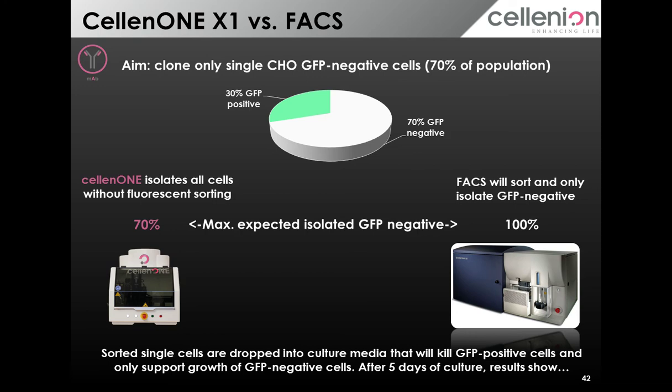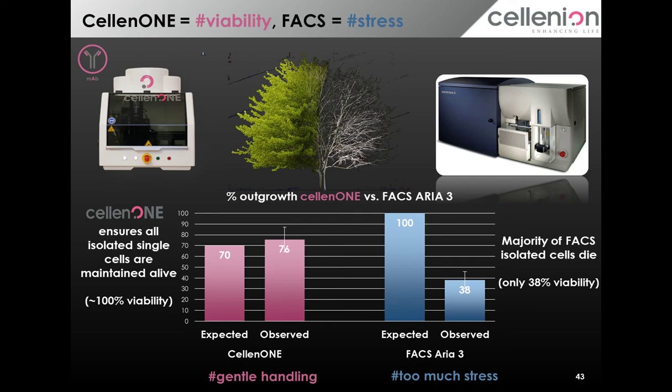Well, then we did the culture media after 5 days, and we found out that actually with the CellenONE system, we reached 76% of outgrowth, so viability of cells which were alive, whereas with the FACS only 38% were alive.